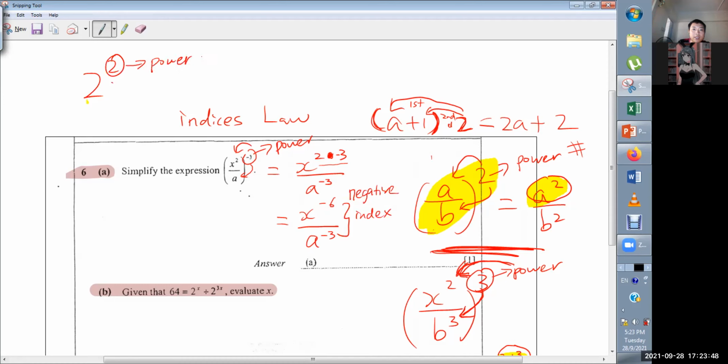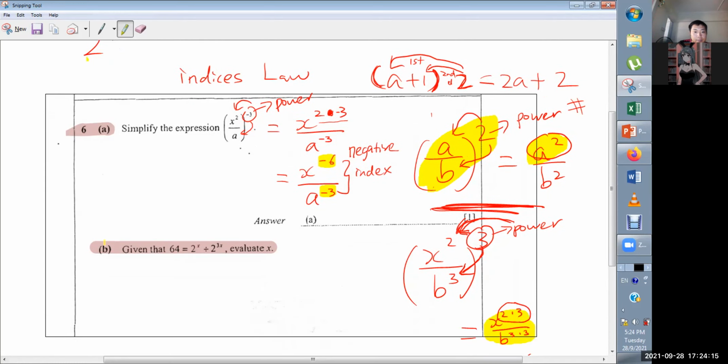This is also called the index. So in this case, this is positive power, this is positive index. In this case, this is negative, so this is called negative index. Just a name. So with this example, I think you can actually do many other questions later on.